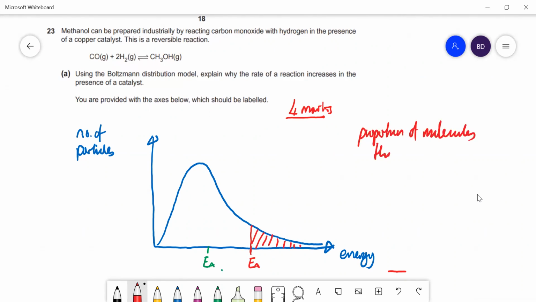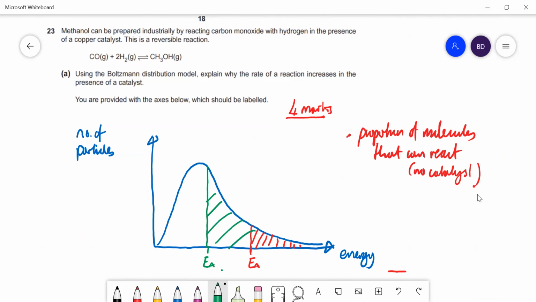Whereas with the catalyst, you lower the activation energy, so there's a lot more. It's the area under that area I've just drawn there. So that's the proportion of molecules with a catalyst.